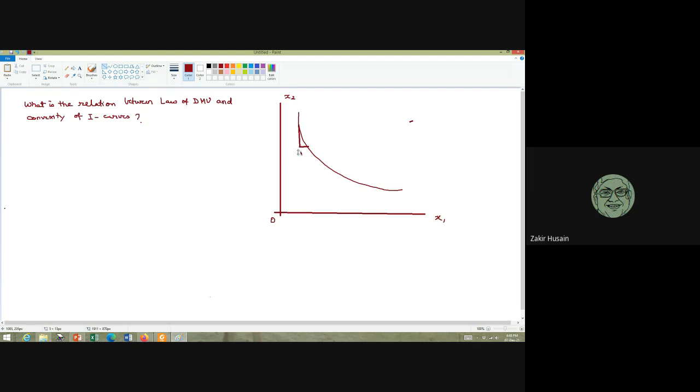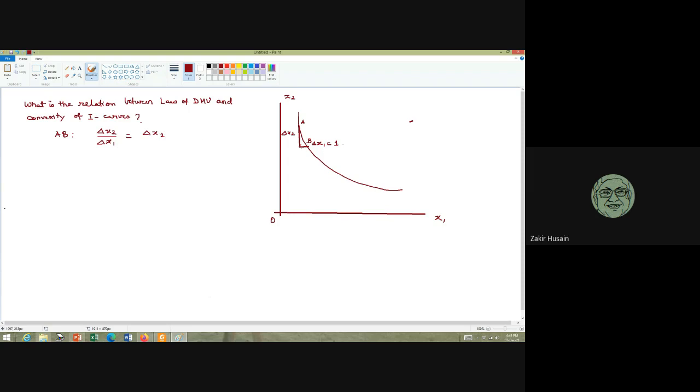So over here I've got del x1, and let us assume for simplicity that it is equal to 1 unit. What is this? This is del x2. Okay. So what is the slope when we move from A to B? The slope is given by del x2 by del x1. If you assume that del x1 for simplicity is equal to 1, it simply becomes del x2.